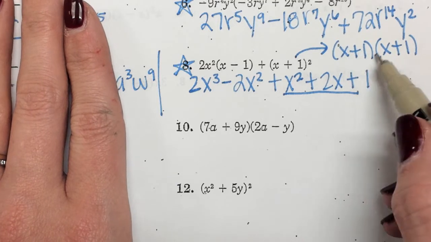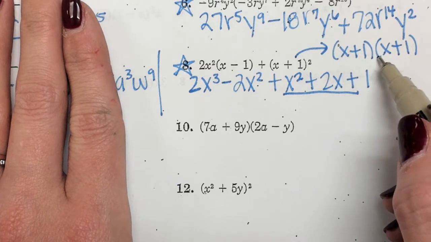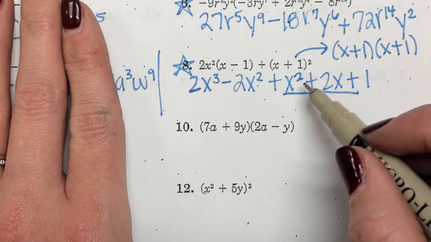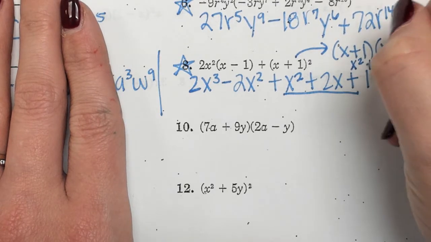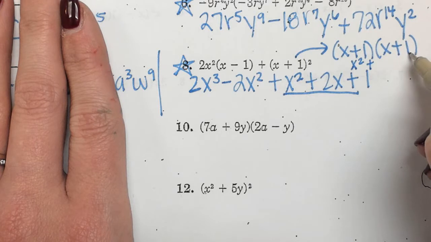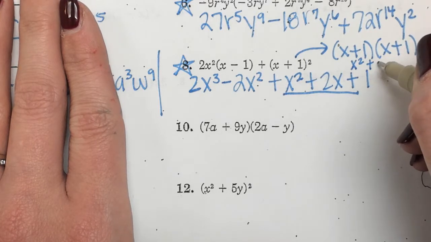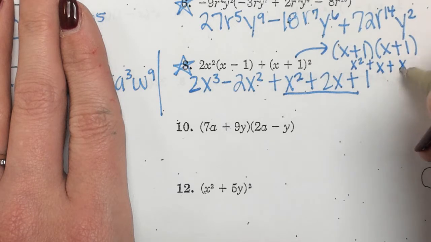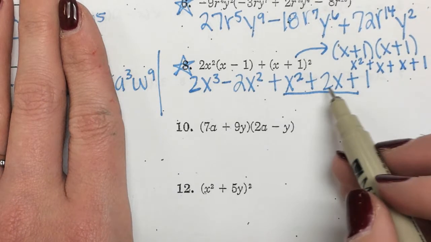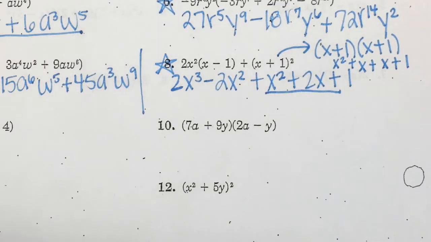So the first terms will give me what? Good. Outer? No, outer terms? Plus what? Good. That's how we get to x squared plus 2x plus 1. Everybody see that? Alright, so somebody tell me final answer.